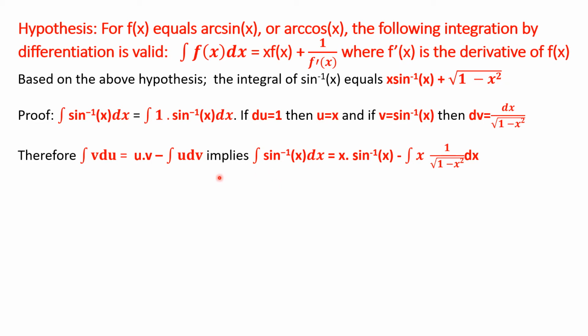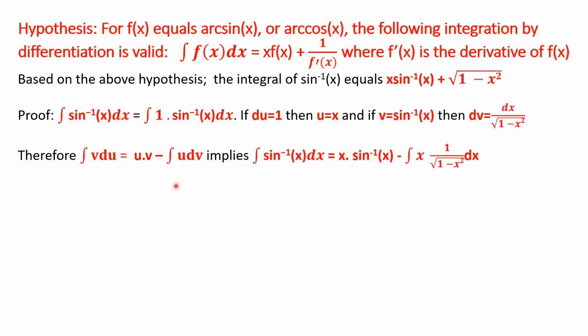One more time. This is the formula, and we have the value for v, which is sine inverse of x, and du is equal to 1. That's why we have integration of sine inverse of x dx, of course multiplied by 1, but we just ignore that.